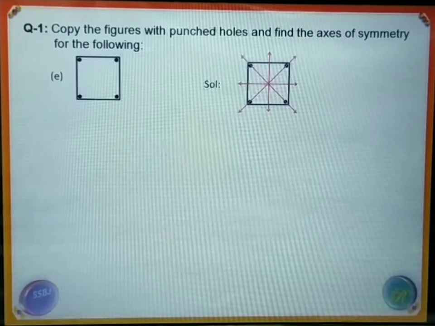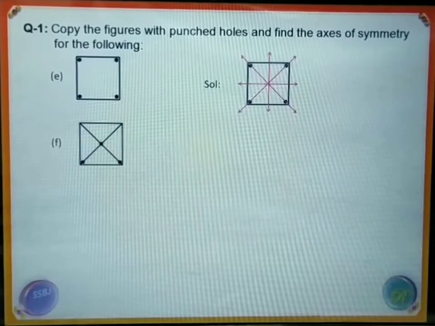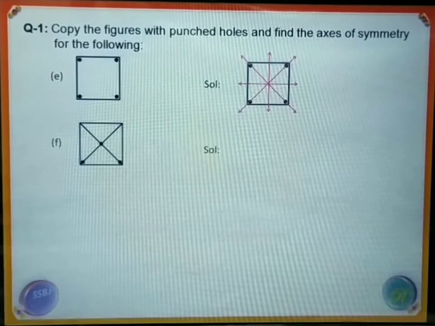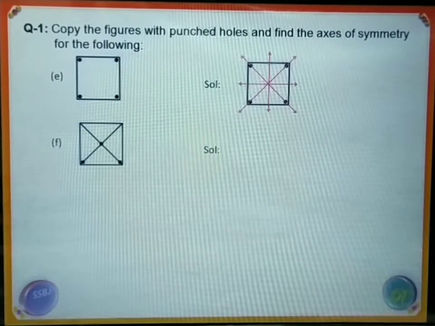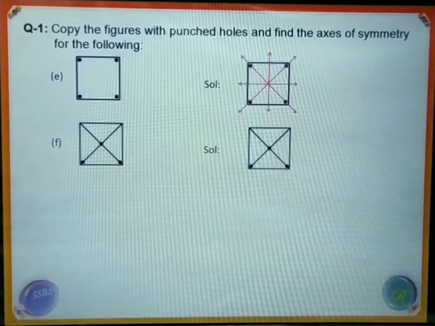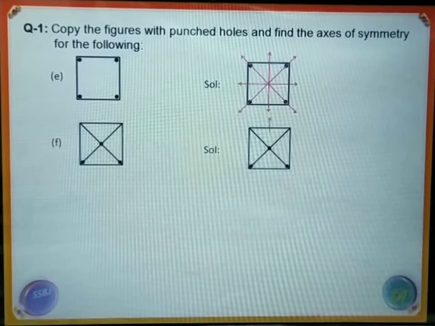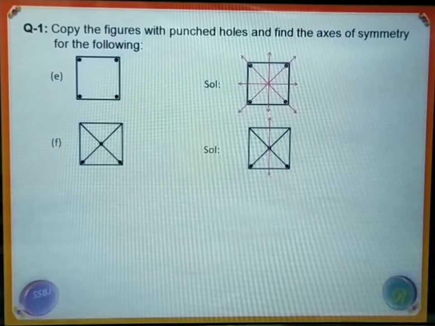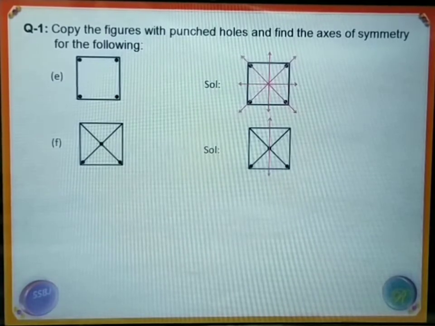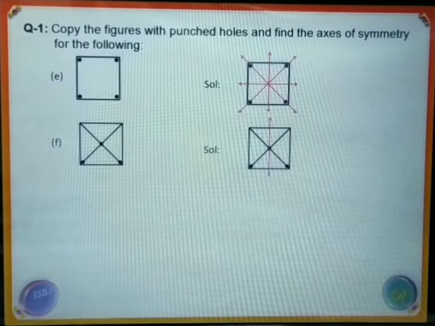Let us go to the next one. F. Solution. Take a copy of this figure. Draw line or lines of symmetry. Yes. For this figure, how many lines of symmetry can we draw?